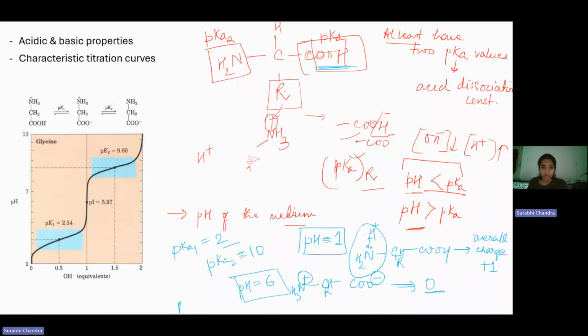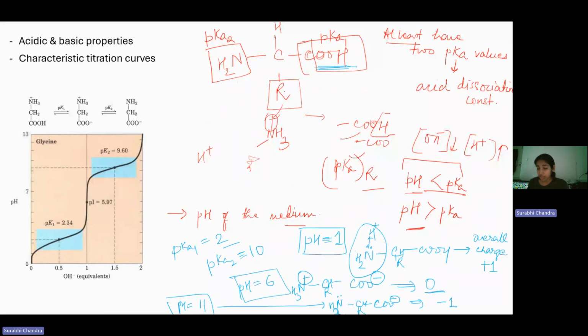Now suppose what happens when pH is 11. For the pH 11 scenario, the carboxyl group will again exist as COO minus, and will tend to give away its proton. And in this case, 11 is greater than the pKa2, so the amino group will tend to give away the H+ ion, thereby forming simply NH2 with its lone pair on the nitrogen atom.